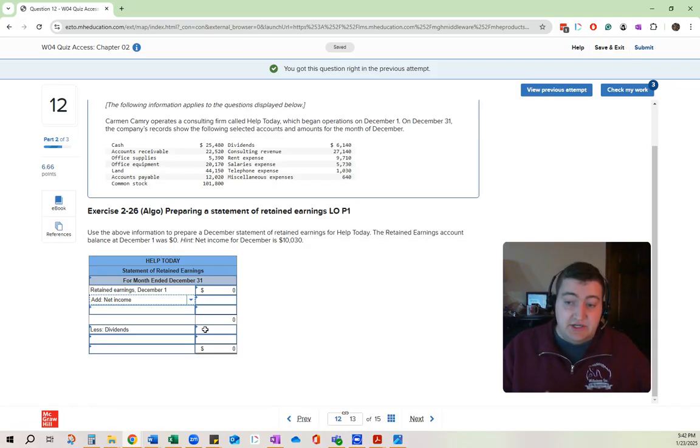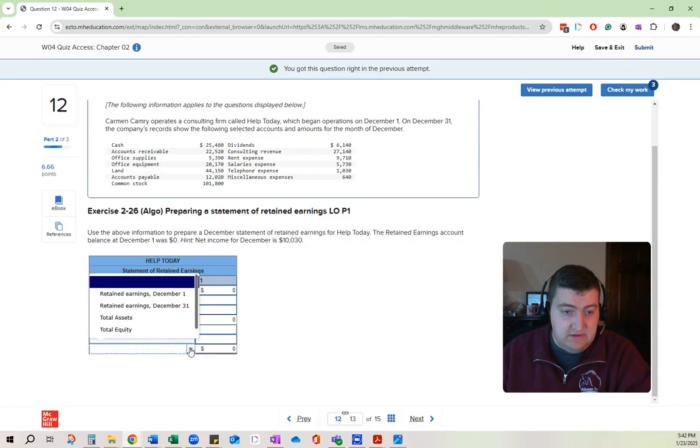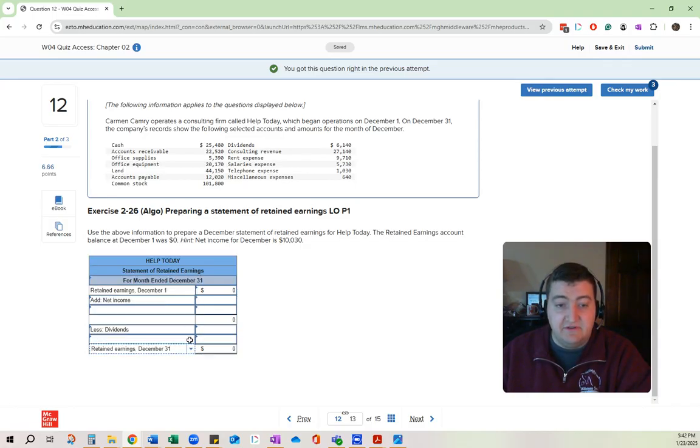And everything else is going to stay in the business and be used to grow the business. So we're going to enter in our net income first, then our less dividends. We're going to subtract that from the net income, and that is going to give us our retained earnings as of December 31st, because we've got December 1st.